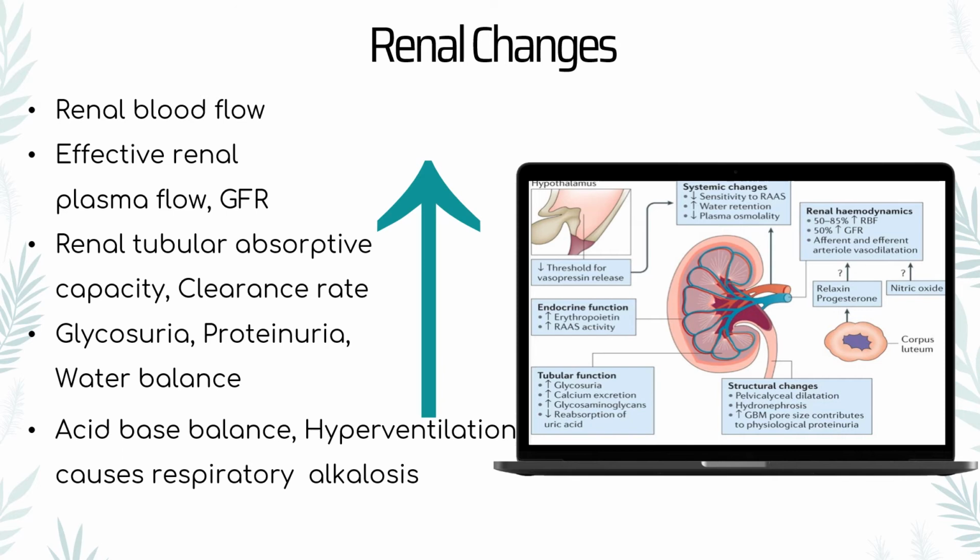Respiratory alkalosis shifts the hemoglobin oxygen dissociation curve of the maternal blood to the left. So the slight rise of pH of blood stimulates the formation of 2,3-DPG, which shifts the hemoglobin oxygen dissociation curve to the right and facilitates oxygen transfer to the fetus.